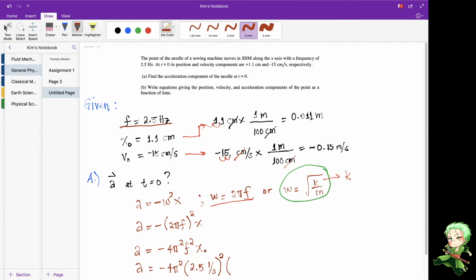Your x here is referring to x naught because your problem asks you for the acceleration at t equal to 0. Thus, you need to use x, which refers to time t equal to 0. So that is x naught. Okay, so that will be in SI, 0.011 meters.